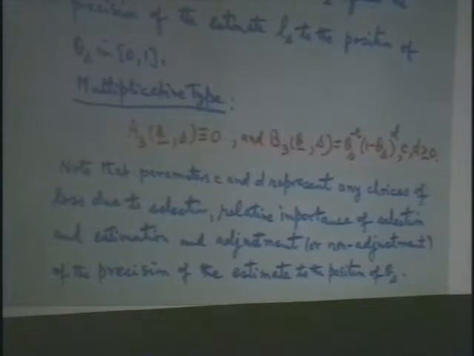In the multiplicative loss functions that we have looked at, A3 could be taken to be 0 with B3 chosen this way, theta s to the power minus c, times 1 minus theta s to the d. This is the beta type density, of course, c and d being positive. So here both the parameters c and d represent choices of loss due to selection, and they give the relative importance of selection and estimation, and of course adjustment or non-adjustment, as the case may be, of the precision of this estimate of the position of theta sub s.